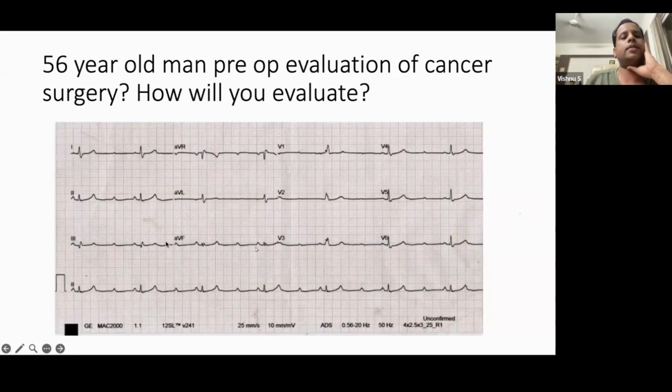How will you manage this case? This guy doesn't have any symptoms. He came for a cancer surgery. Can you send him for cancer surgery or does he need a pacemaker prior to it? This is a relatively narrow QRS, stable rhythm without symptoms. We can send this patient for surgery, but only in a hospital with cardiology service.